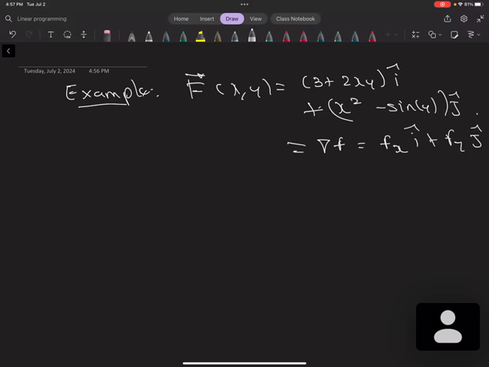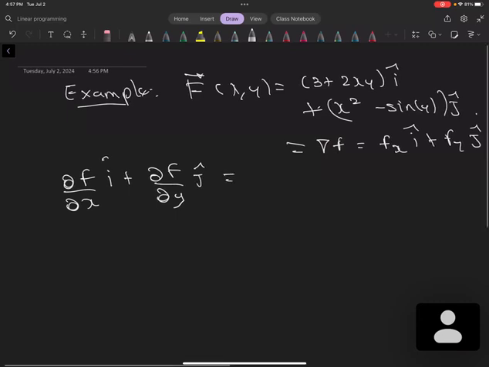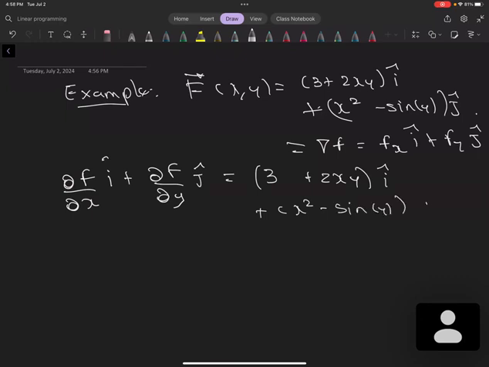So what we have is that the derivative of f with respect to x i plus the derivative of f with respect to y j equals 3 plus 2xy i plus x squared minus sine y j.